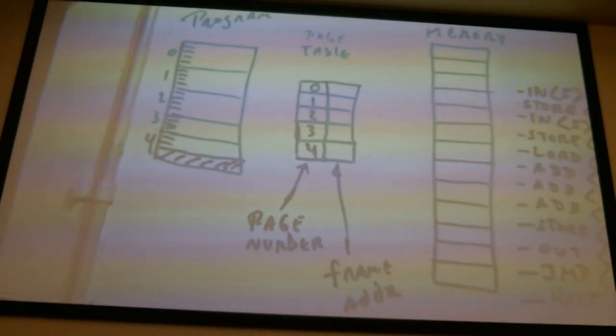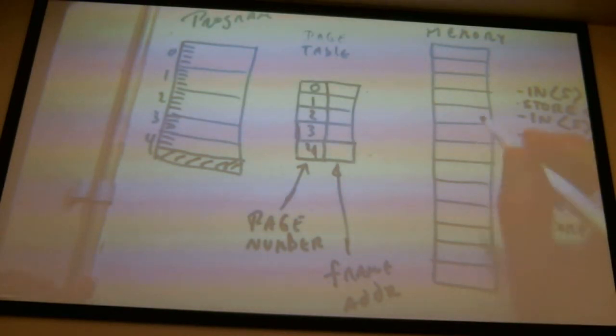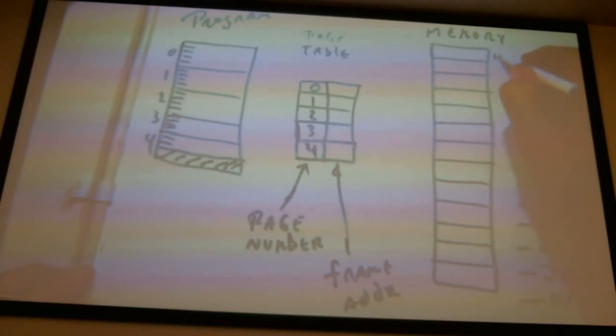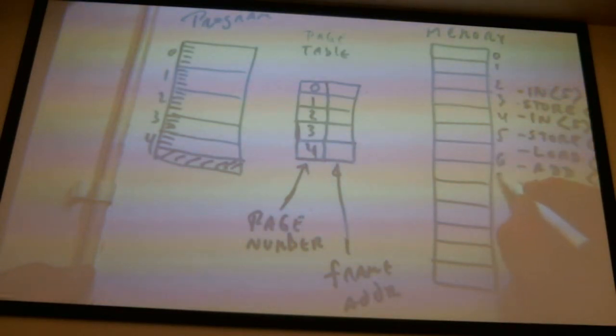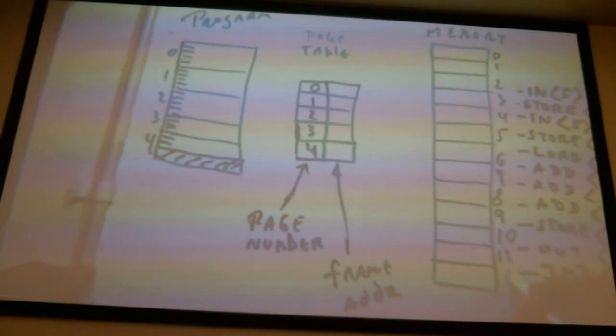And then we can load the pages anywhere in memory. So let's say this is frame 0, 1, 2, 3, 4, 5, 6, 7, 8, 9, 10, 11, and 12. We have 13 frames.